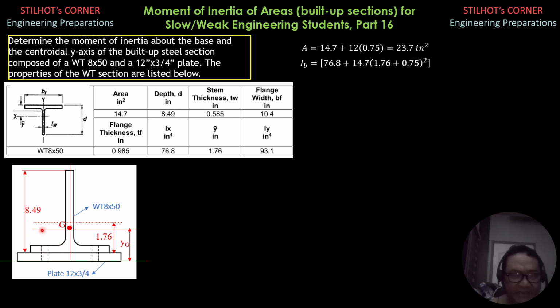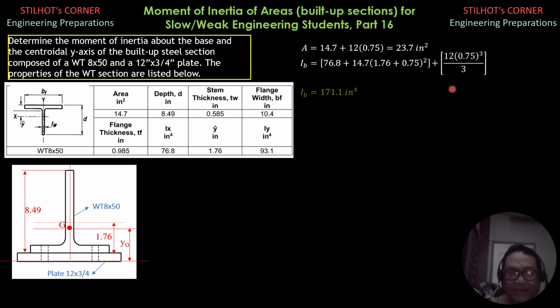Again, it is IGX of the WT section, 76.8, and its area is 14.7. We transfer its centroidal moment of inertia with respect to x to the base because that's parallel. Then for the rectangular section, the base coincides with the base of the rectangular plate, so it is just 12 times 0.75 cubed over 3.